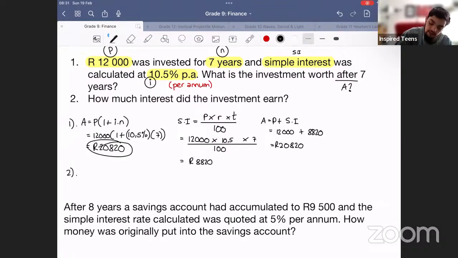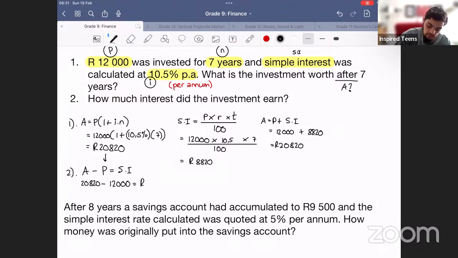So in this case, if we use this formula, we can just say A minus P. A minus P is always equal to the amount of interest earned. A is after interest, 20,820 minus P, which is 12,000. And that gives us, not technically R, but let's just say interest earned or simple interest.